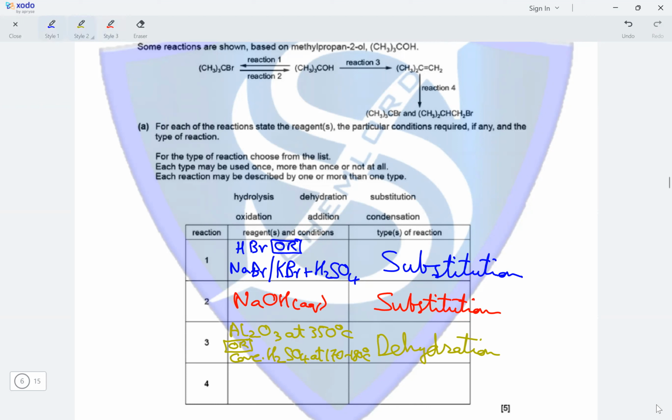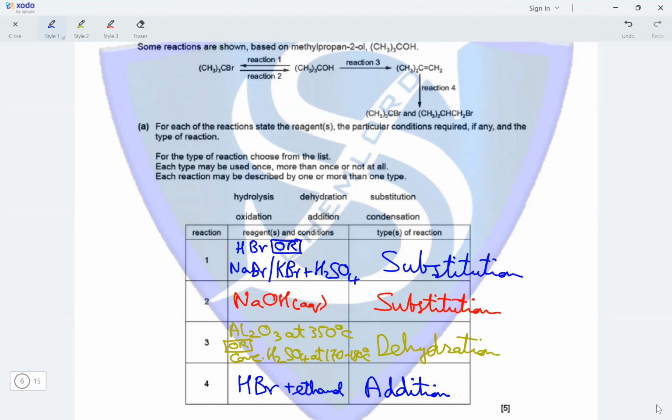For reaction 4, it is the conversion of an alkene into a halogenoalkane. So we have presence of HBr, and it should be present in ethanol, and this is the addition reaction of alkenes, or electrophilic addition reaction to be more specific. This is an addition reaction.